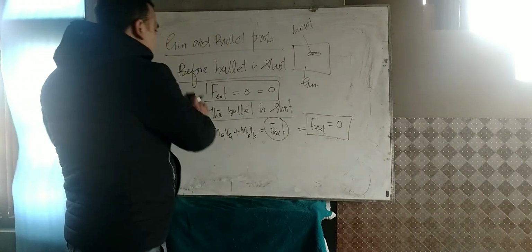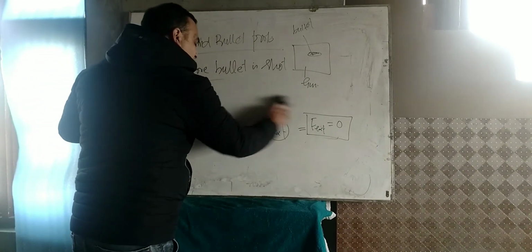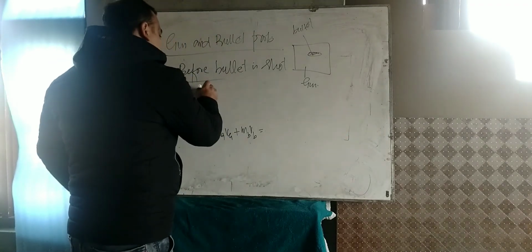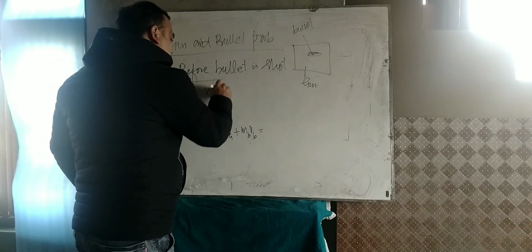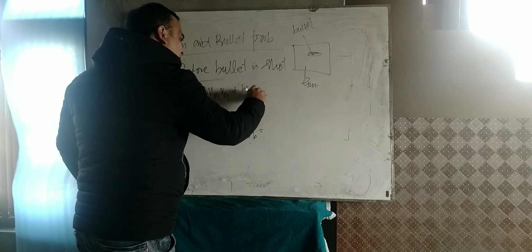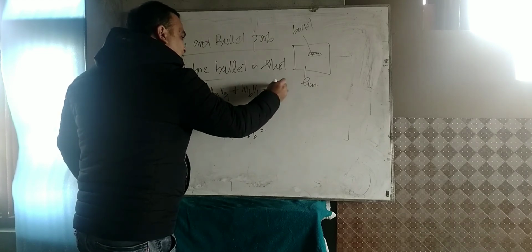So, what will we achieve from here? We will achieve this: mgvg plus mbvb is equal to 0.